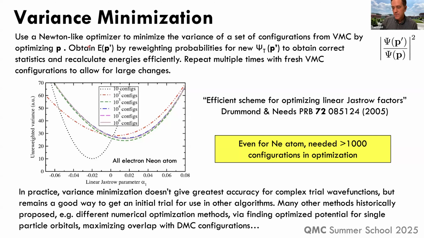For example, instead of doing completely independent quantum Monte Carlo calculations for a new set of parameters p prime proposed by the optimizer, there's a trick to reweight the existing probability distribution you have to get the new energies. This also means that the new energies are going to be statistically correlated with the old ones, and that improves the efficiency of the approach.